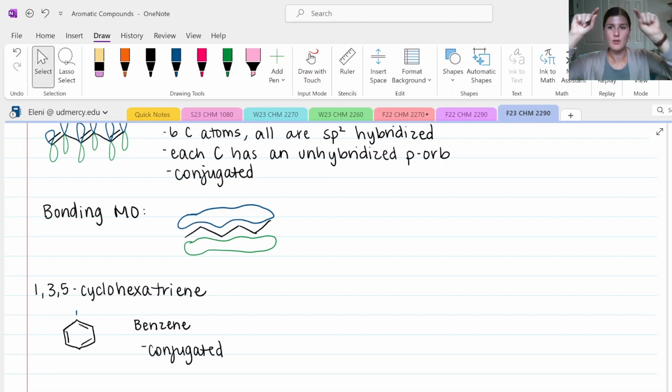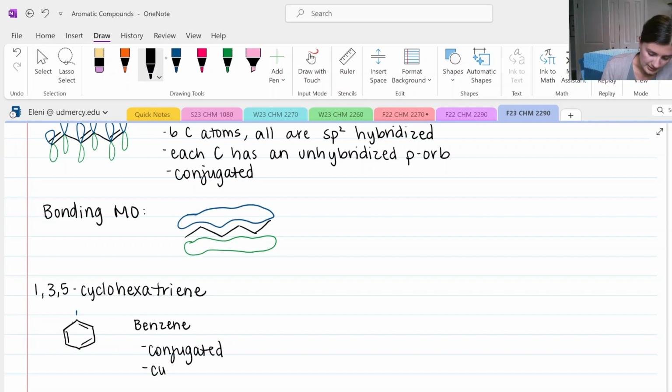So if we have the linear molecule, then we kind of bring them together. And so now those p orbitals that are overlapping across the linear molecule are now overlapping across the entire cyclic molecule. So benzene is a conjugated cyclic molecule. Each carbon again is sp2 hybridized.